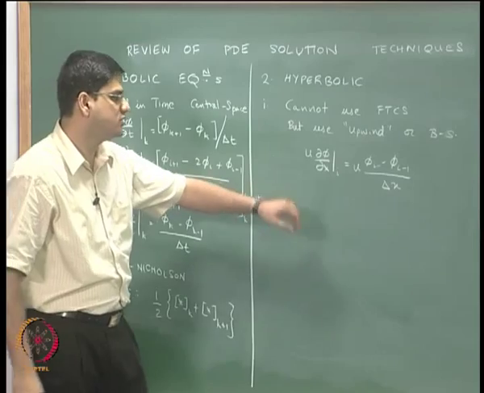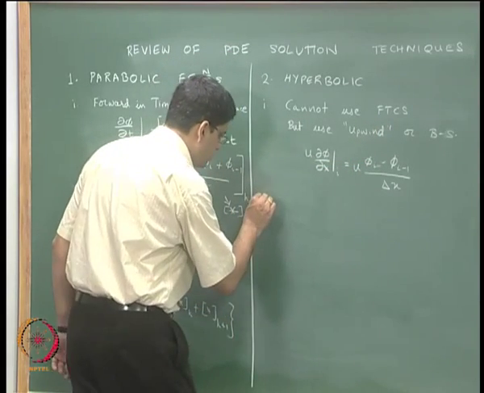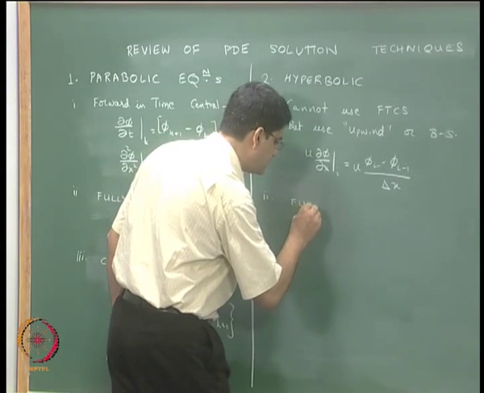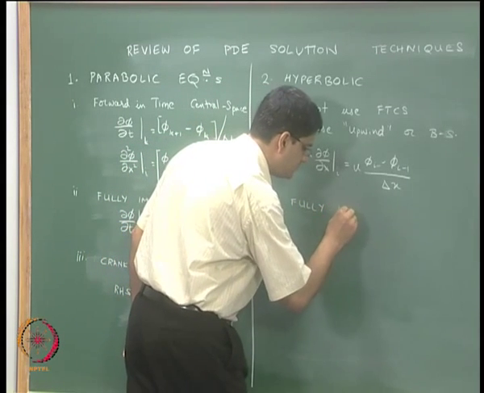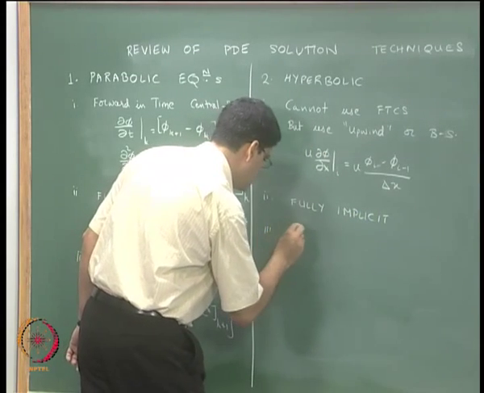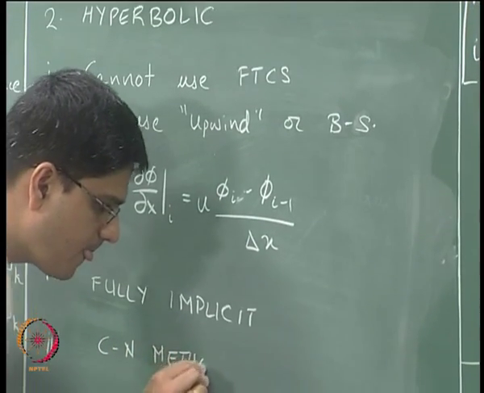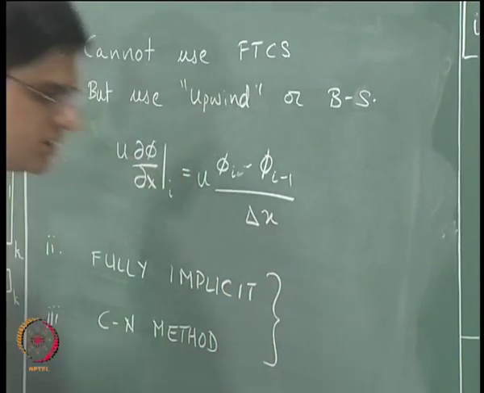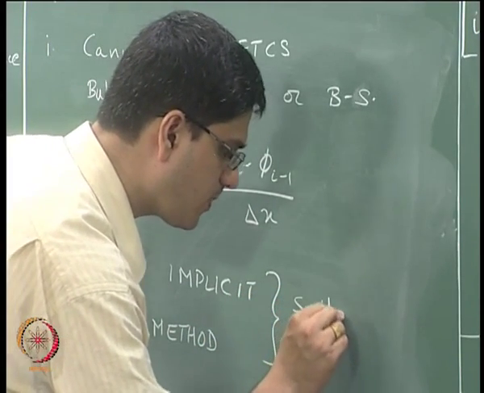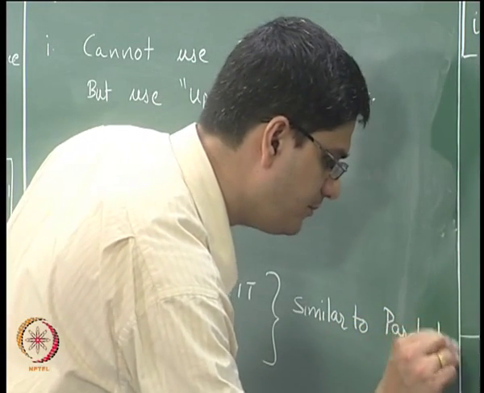Okay, and if u is negative, we write the forward difference instead of the backward difference approximation. I won't really go into that. The second option is the fully implicit method, and the third option is the Crank-Nicolson method. These both methods are similar to parabolic PDEs.